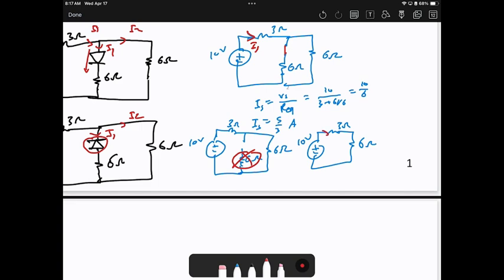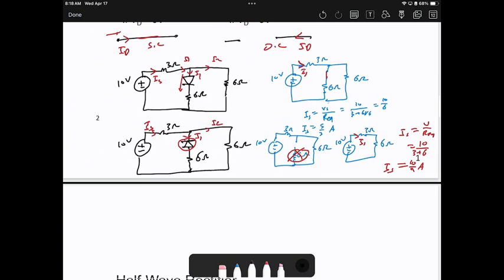How to find the current? I will be V over Z equivalent, which is V over R equivalent, which is 10 divided by 3 plus 6, which is 9. So 10 over 9 amperes. Okay, does this make sense? So you need to be aware of how to deal with these circuits. Now another scenario.